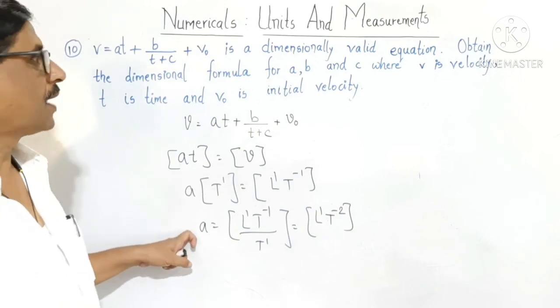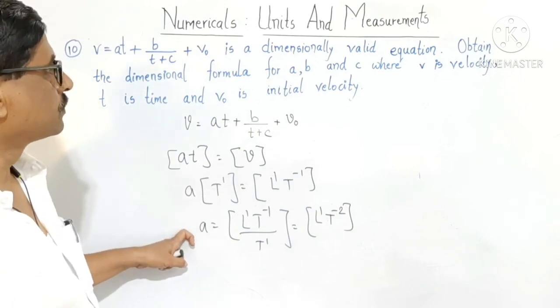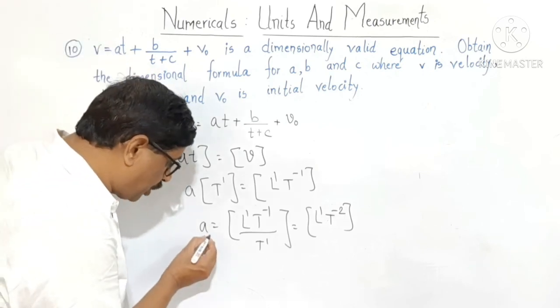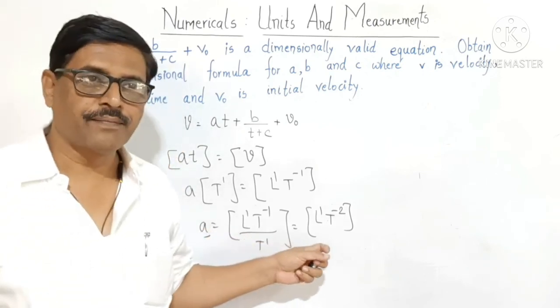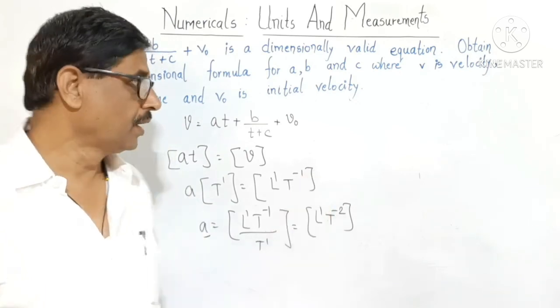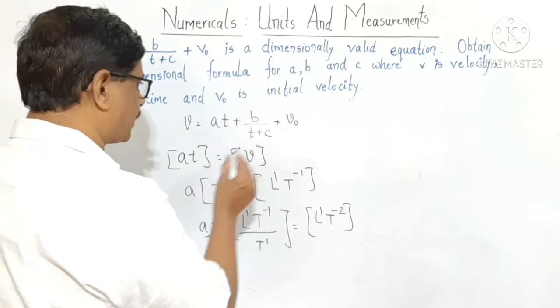These are the dimensions of, dimensional formula for A. Therefore, dimensional formula for A is L1 and T minus 2. Thereafter, we will go for the next.